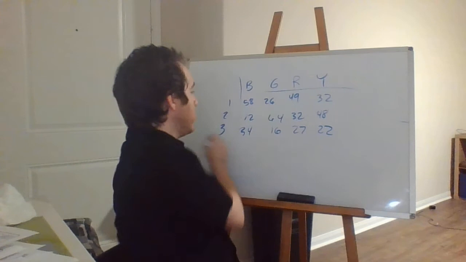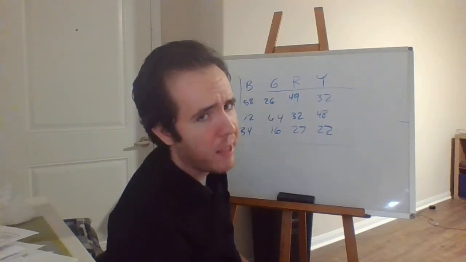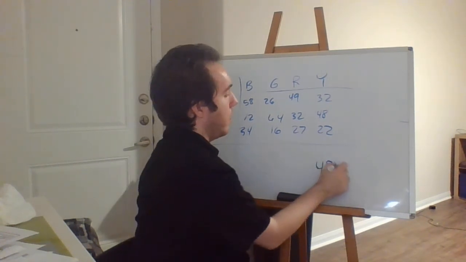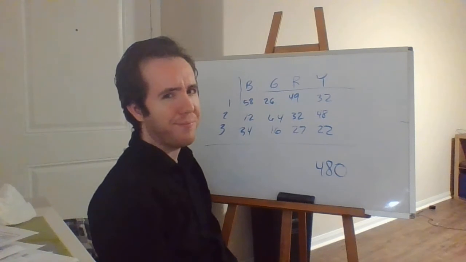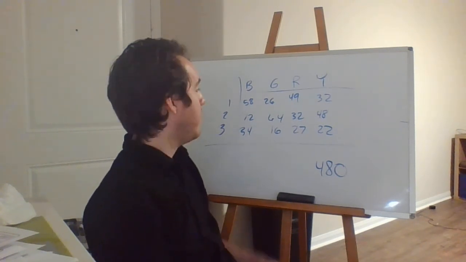Yes. So, again, a lot of numbers. You're going to add them up. And I'm going to save you the time and tell you they all add up to 480. You can test for yourself, but you'll find that it's true. It's nice practice. But it comes out to 480.